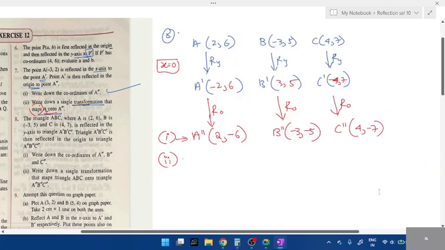Okay, so do the same in the exam, right? Write ry, rx.